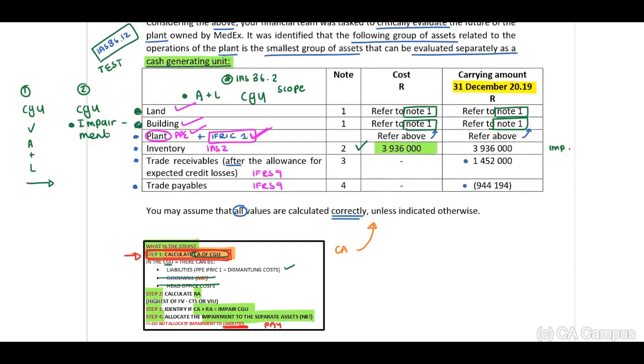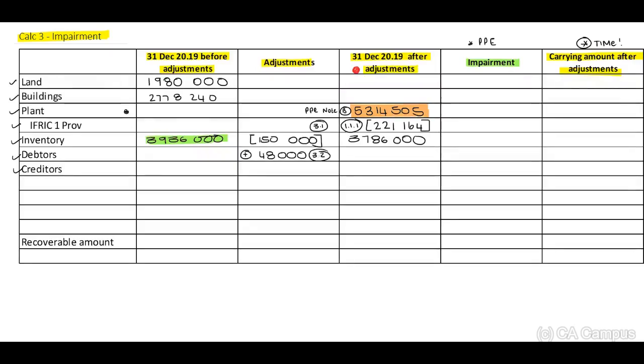I did remember this. IS2 inventory, we did transfer the 3,936. Our trade receivables, we still need to transfer the 1,452,000. Therefore, in our calculation, we have our trade receivables before the adjustment, guys, 1,452,000, and I need to include my amount after the adjustment, and this will be 1,500,000, right?